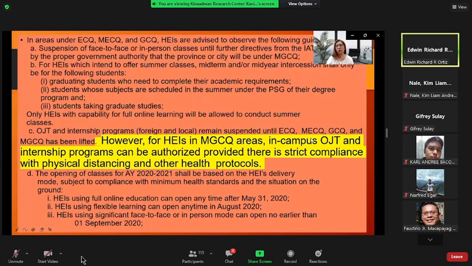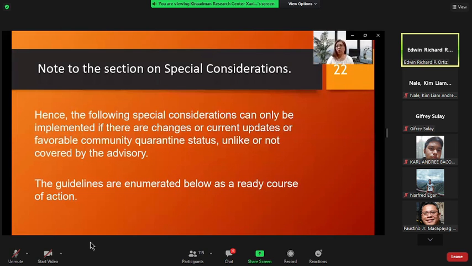And this is also where I think research can fall under. But this can only be under MGCQ community quarantine status. If this condition is present, then we can implement the special considerations for graduating students where research activities are related.